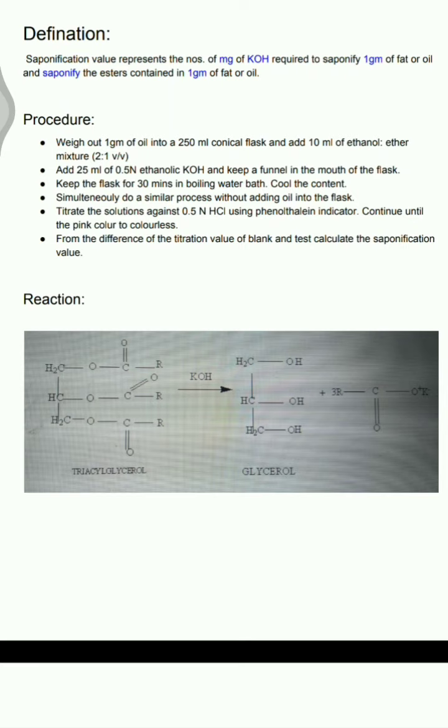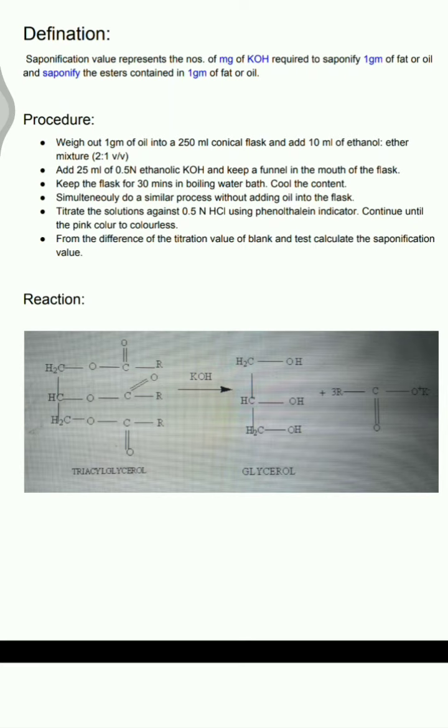Now comes a point: why do we add excess of KOH? It's only because it will react with the esters, and the remaining amount will be left as an unused proportion, which is very important for our purpose, as when it remains unused, it will react with the HCl to give a colorless solution.